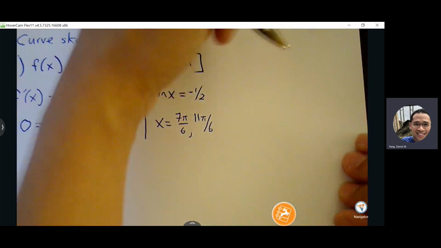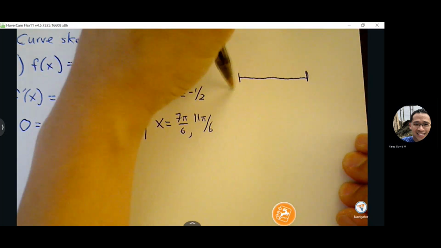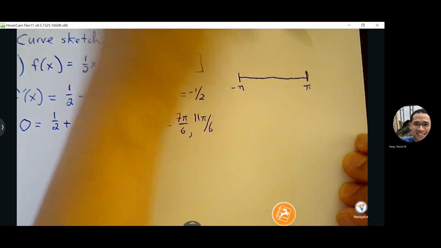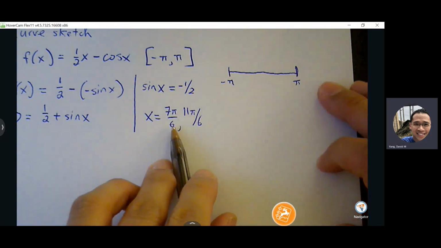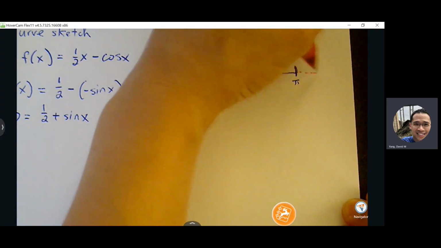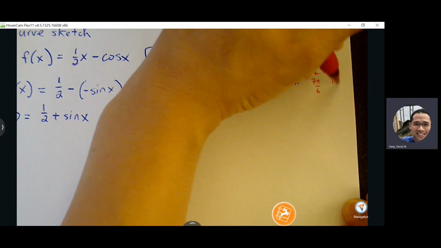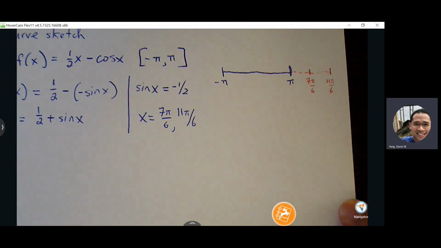If you think about a number line, if I stretch from negative pi to pi, 7 pi over 6 is more than pi, so that's a little bit outside my interval. And so is 11 pi over 6, because that fraction is larger than 1.